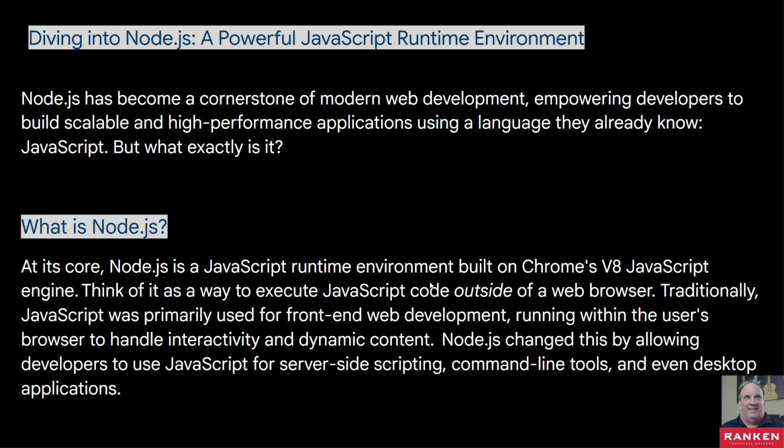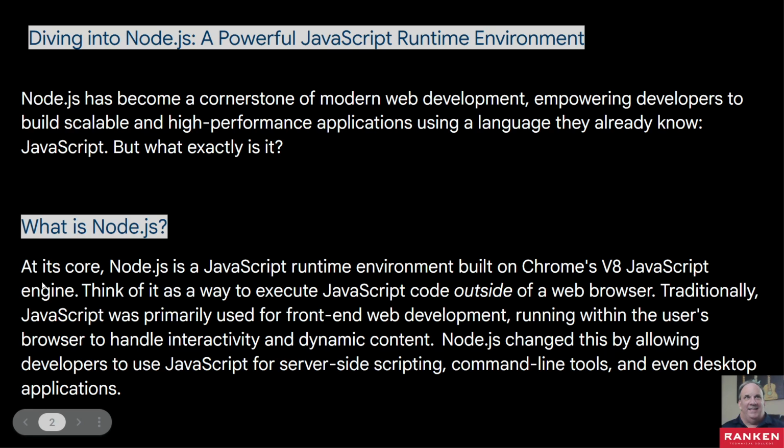So what is Node? Node is a powerful JavaScript runtime environment, and it has become a cornerstone of modern web development, empowering developers to build scalable and high-performance applications using a language they already know, JavaScript. But what is it exactly?